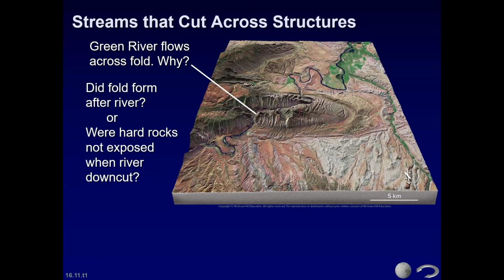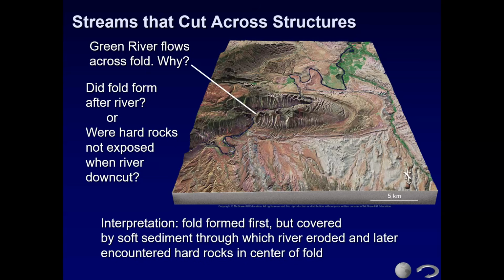So either the fold grew after the river or the fold was not exposed when the river eroded down. The interpretation that we have is that the fold formed first, but it was covered by soft sediment through which the river eroded and later encountered hard rocks in the center of the fold.